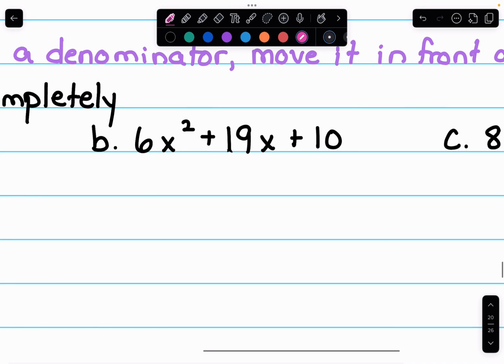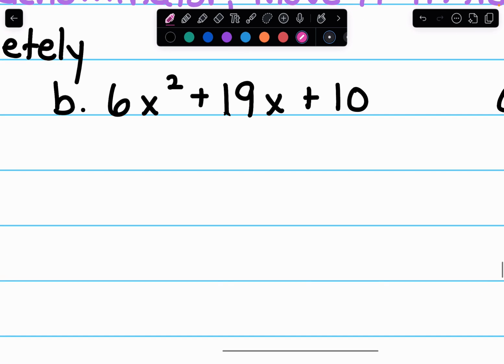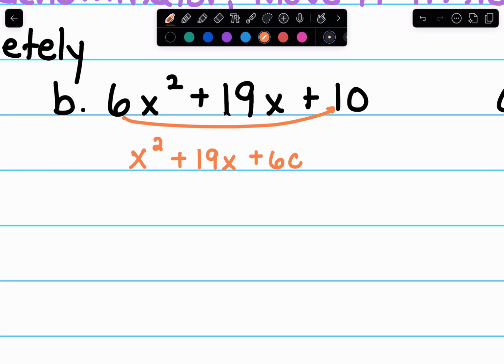So let's do it again. First step, multiply. 6 times 10, so that's x squared plus 19x plus 60. All right, we got to think of the factors of 60 that add to 19.